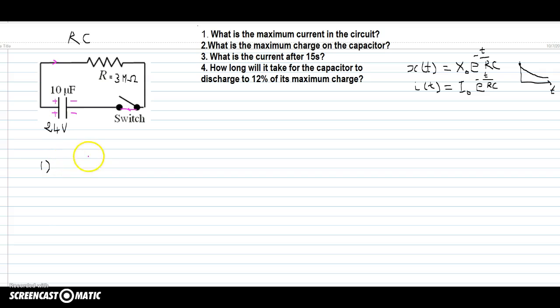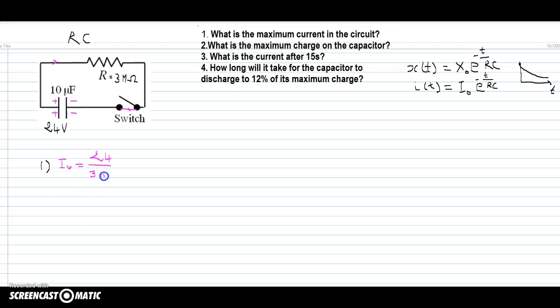So what is that current? You can just apply Kirchhoff's rules and figure out this voltage here is exactly the voltage across R at t equals 0. And so the maximum current in the circuit is just that voltage, which is 24, over 3 mega.